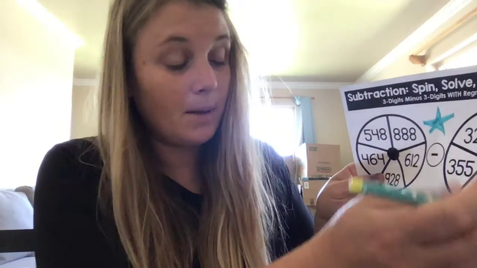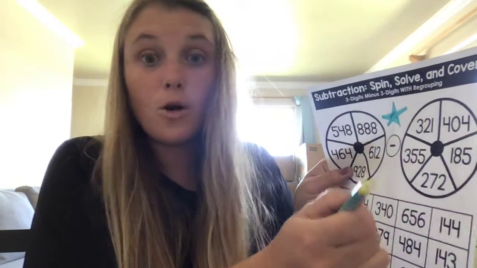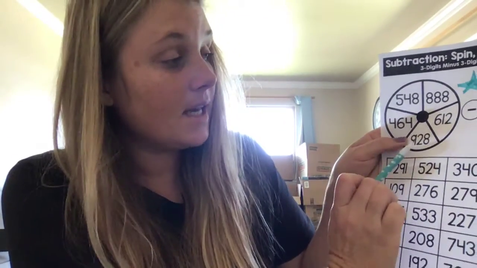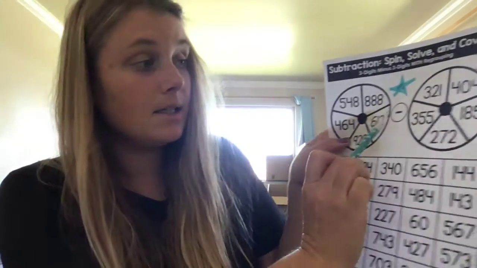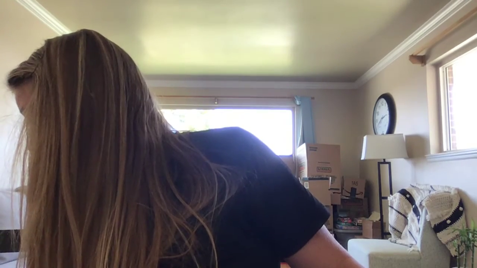Then I put my paper clip on here, spin it. Let's say I got 404. So I'm writing down 928, take away 404. Okay? So then I solve it.